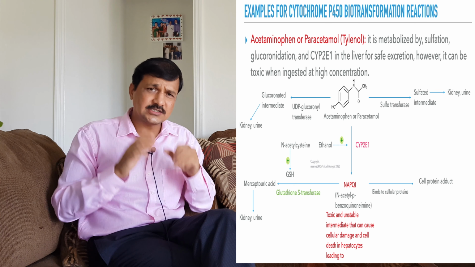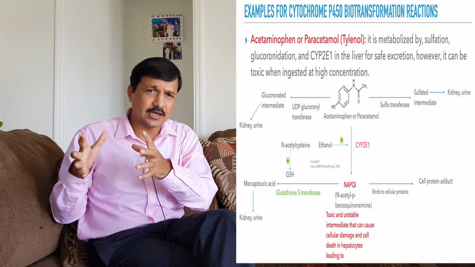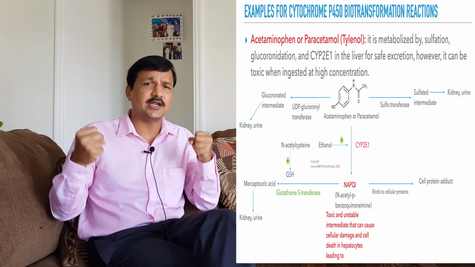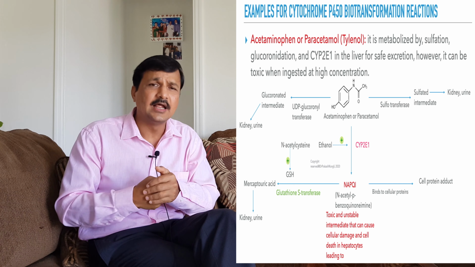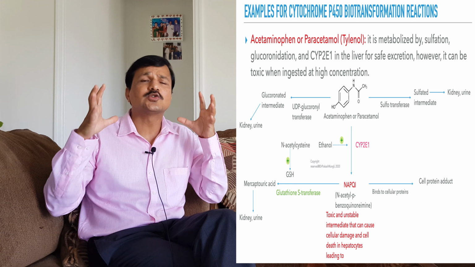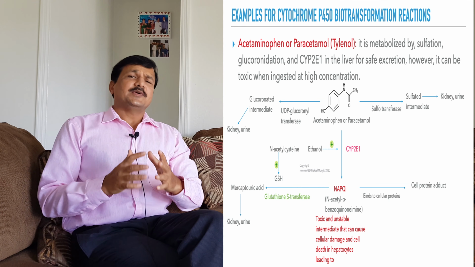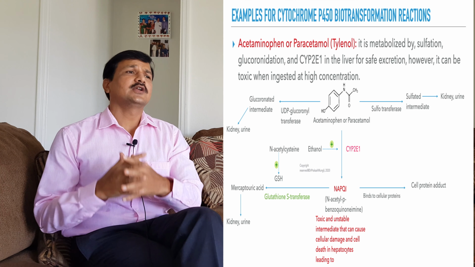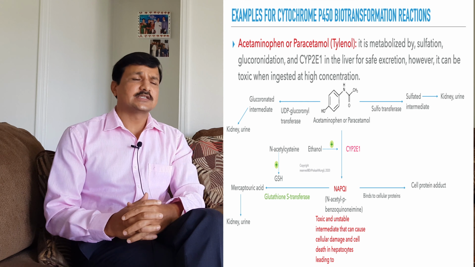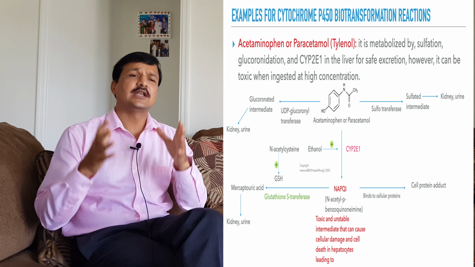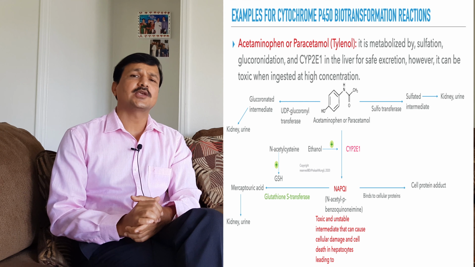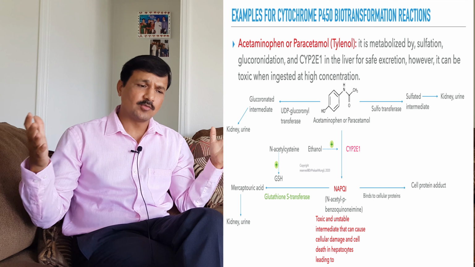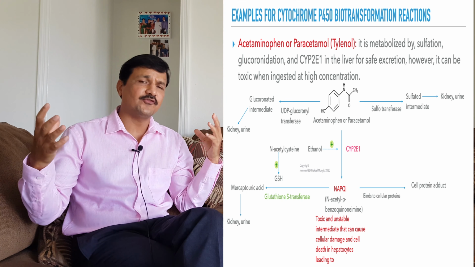So what is this NAPQI? It is a toxic and unstable intermediate that can cause cellular damage. It will bind with proteins and bind with DNA, causing cellular damage, and thereby it leads to hepatocyte death. Under the normal therapeutic range of acetaminophen or paracetamol, only less than 10% of NAPQI is made by the 2E1 enzyme, because 90% or more is simply handled by sulfation and glucuronidation.